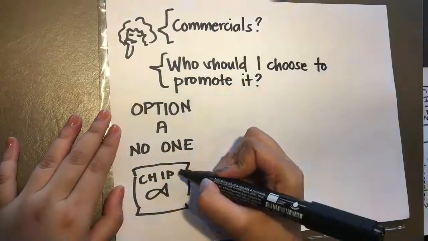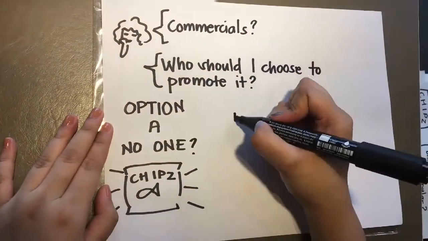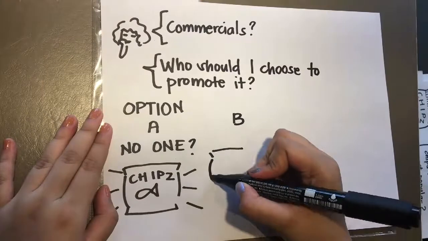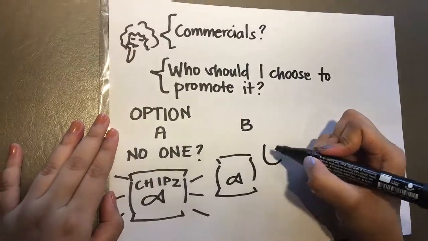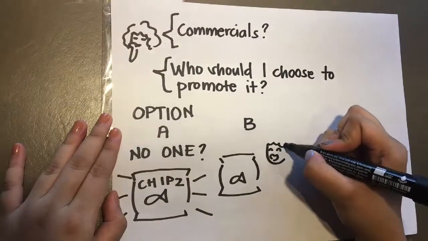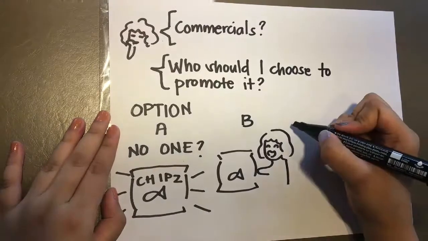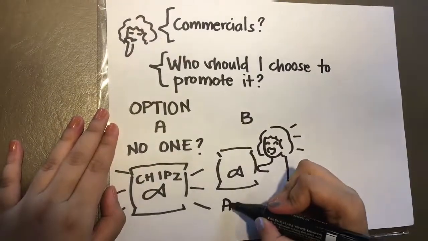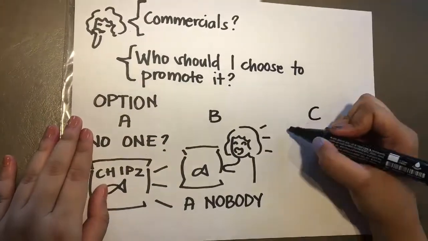Option A is to promote the product as it is, meaning she'll hire no one to promote her product. Meanwhile, option B. Should she hire an unfamous person instead to promote it?